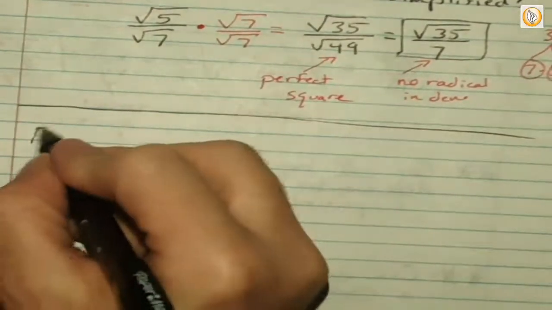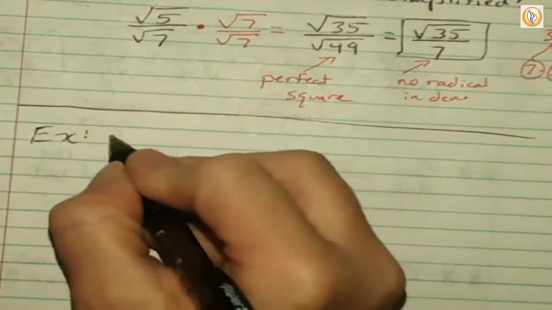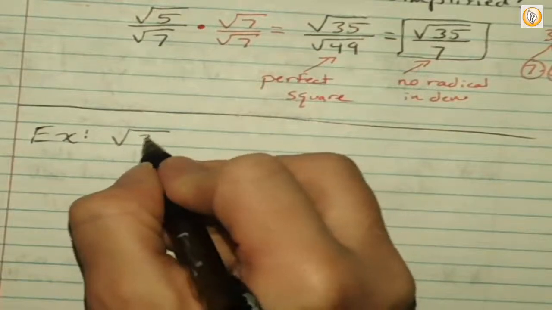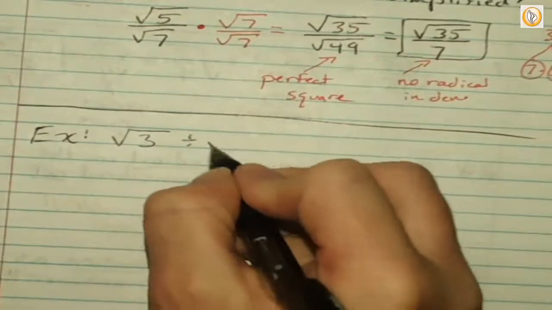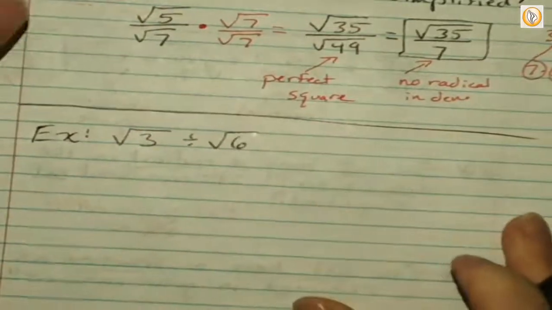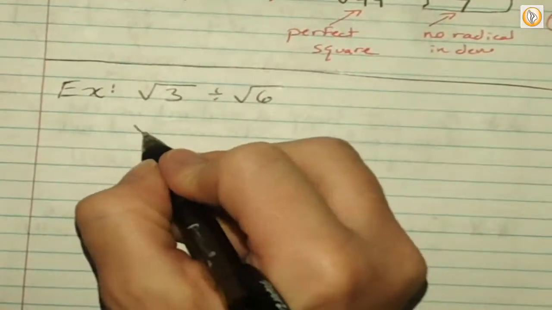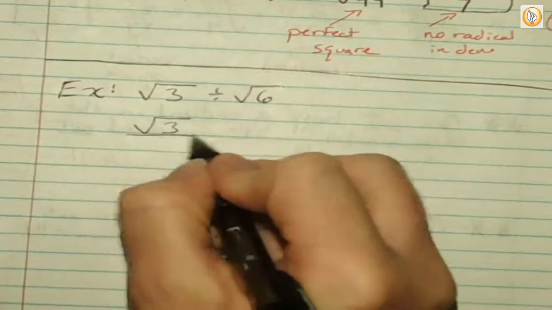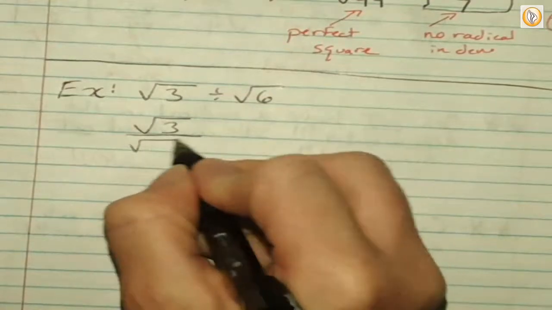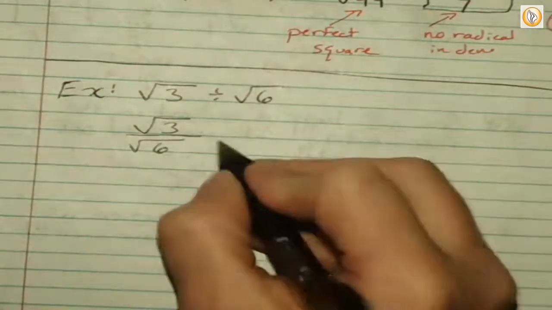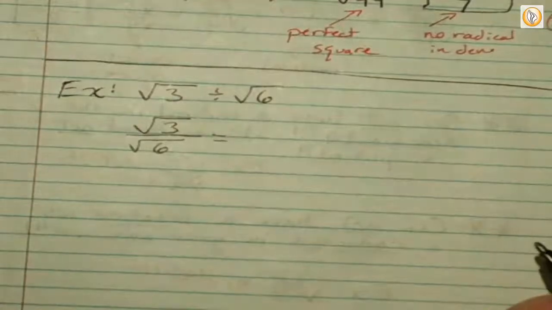All right. How about the square root of 3 divided by the square root of 6? Like in the very beginning of your notes, we're going to write it as a fraction first. So I do the square root of 3 over the square root of 6. If you would just simplify, would it just be 1/2?